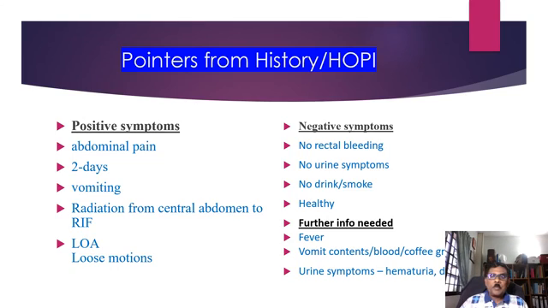The negative symptoms were no rectal bleeding, no urine symptoms, no drink or smoke, and an otherwise healthy man. To get further information, we need fever, vomiting of blood or coffee ground, and whether there are any urine symptoms, which is given, there's none.